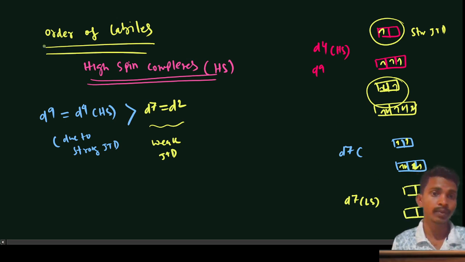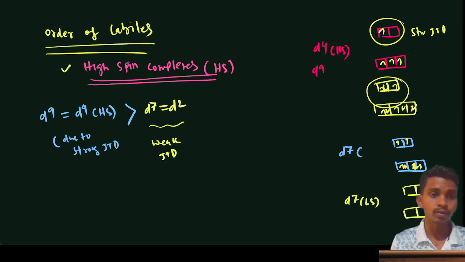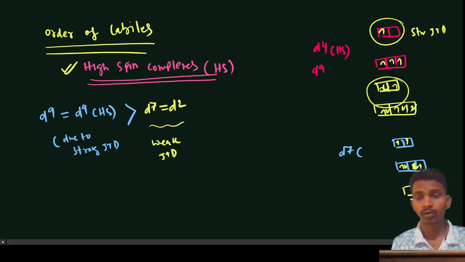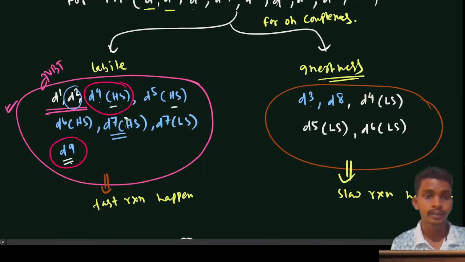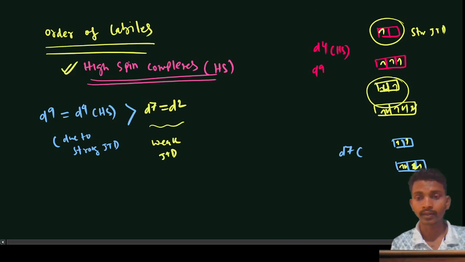We are comparing here the order for high spin complexes, not for low spin complexes, so we will not discuss low spin complexes. Then we go for D6 high spins. Let's look if any JTD is there. 1, 2, 3, 4, 5, 6.